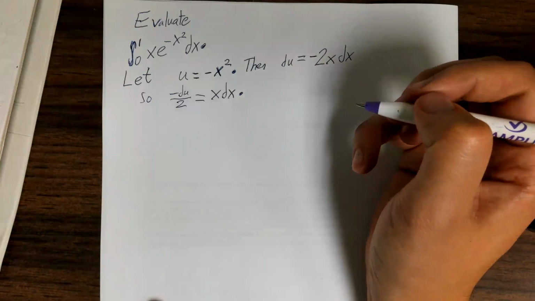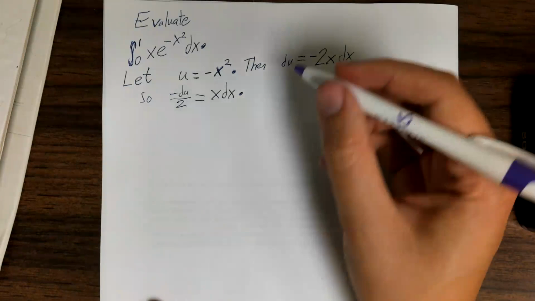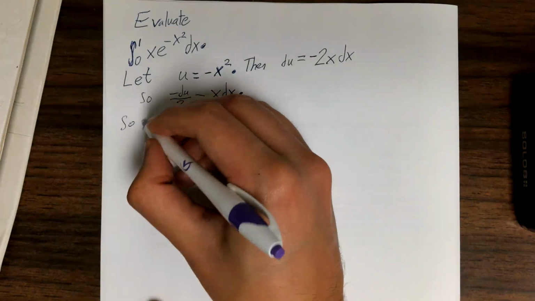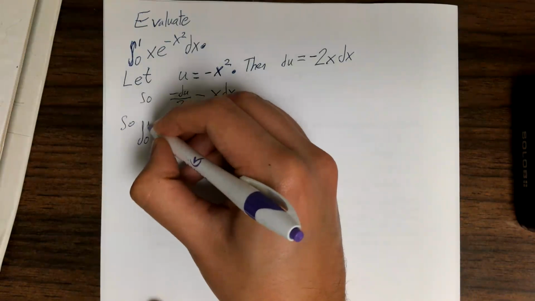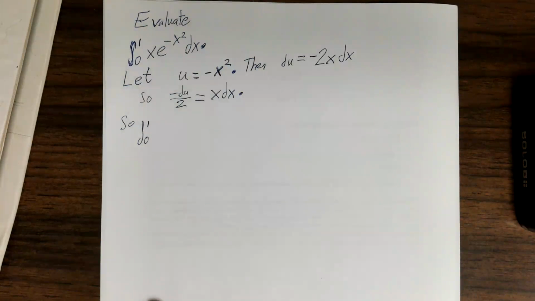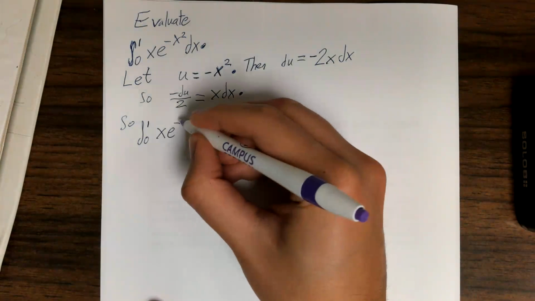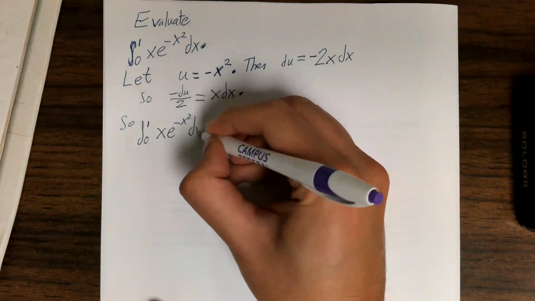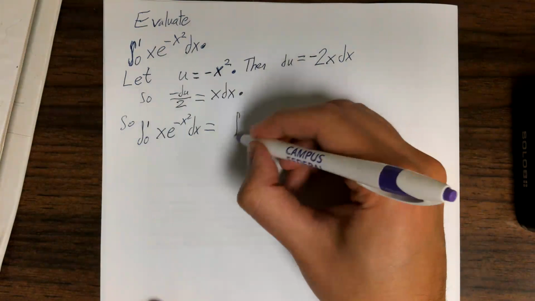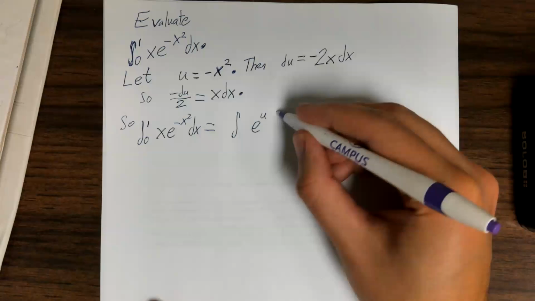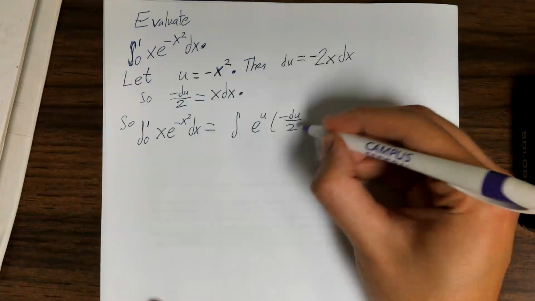Well, great. Now we can actually make the replacement. So if I replace things and get them in terms of u, now I have an e to the u, and I have a negative du over 2.